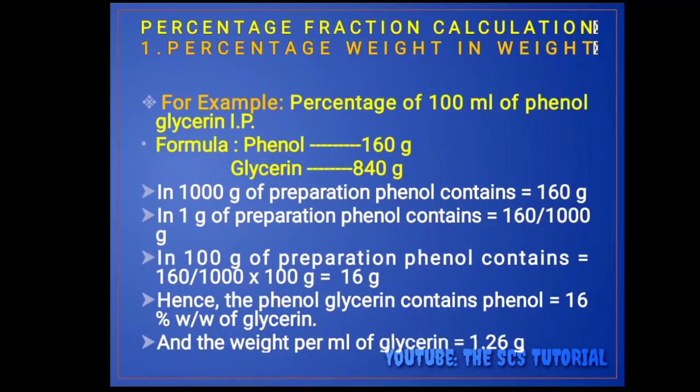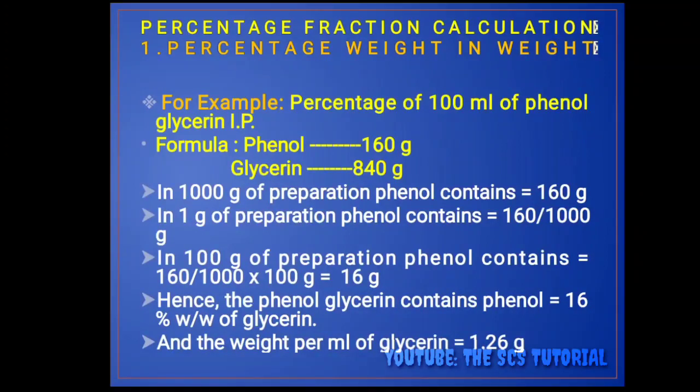Let's see an example of a percentage weight in weight expression which contains phenol 160 gram along with glycerin 840 gram, which produces 1000 gram of preparation.